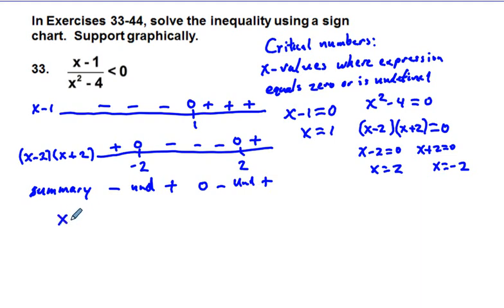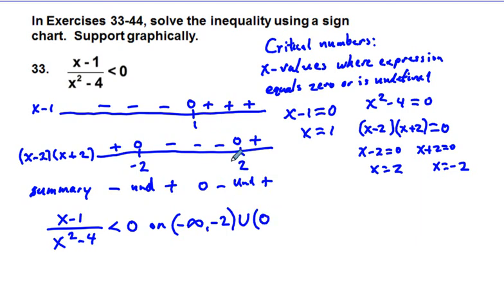We'll say (x minus 1) over x times (x squared minus 4) is less than 0 on the interval from negative infinity to negative 2, and then again in this other interval between 0 and 2. And by the way, I put a parenthesis here.